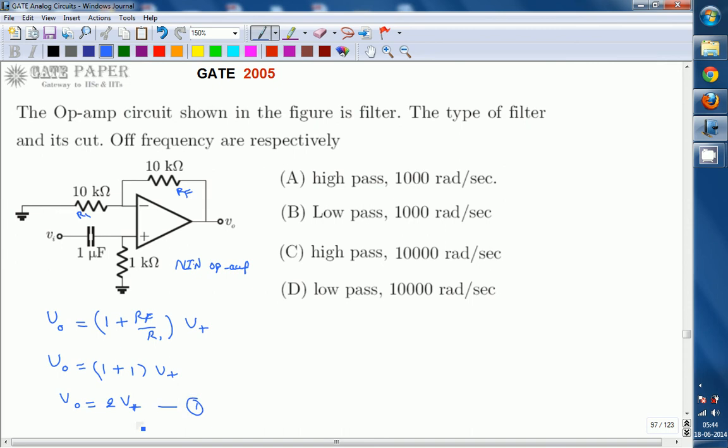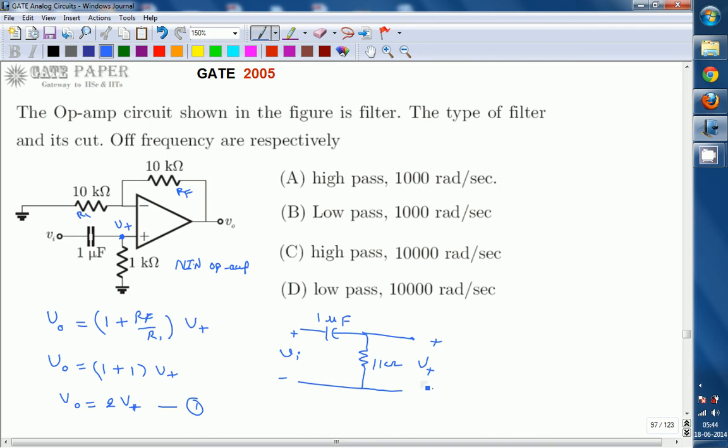So how do we write V plus? V plus is the voltage at the non-inverting terminal. Voltage across this resistor, that is 1 kilo ohm, and this is 1 microfarad, and this is the Vi you are applying, and it is V plus, the voltage at the non-inverting terminal.